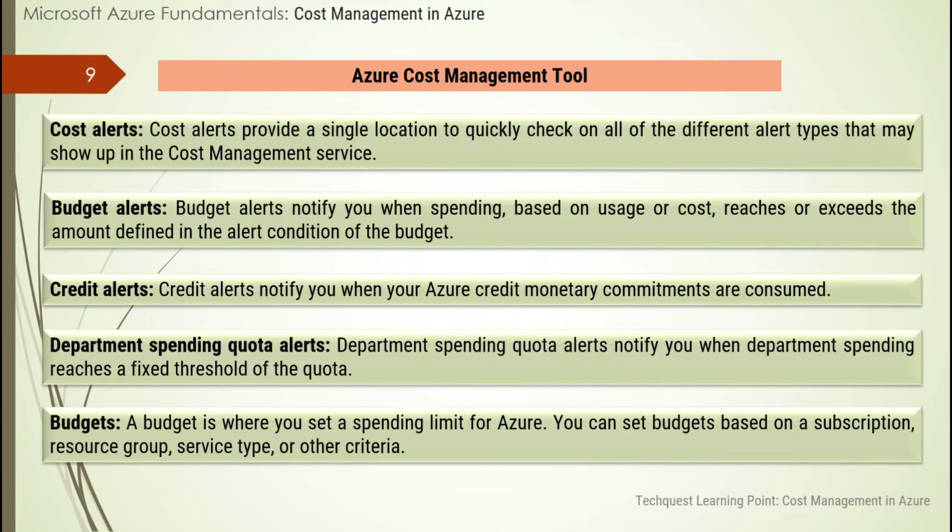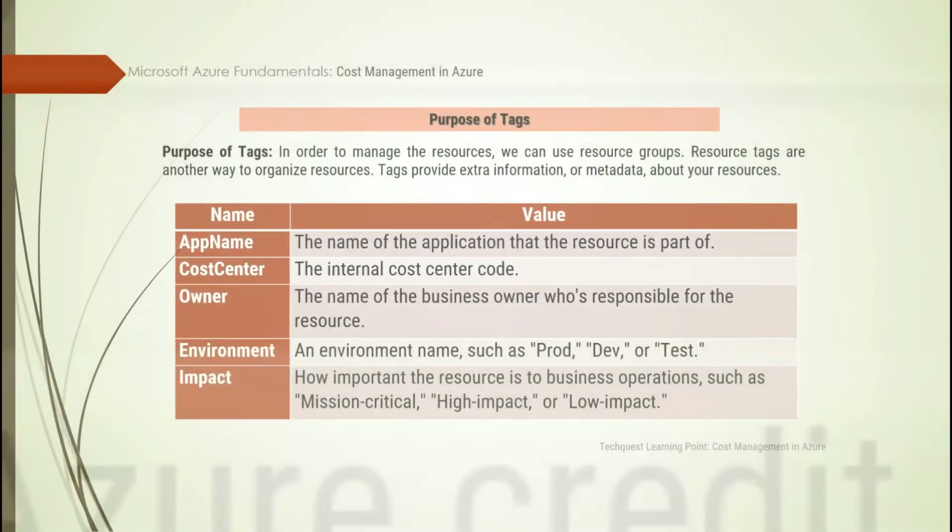If configured, budget alerts will also send an email notification that a budget alert threshold has been triggered. A more advanced use of budgets enables budget conditions to trigger automation that suspends or otherwise modifies resources once the trigger condition has occurred.